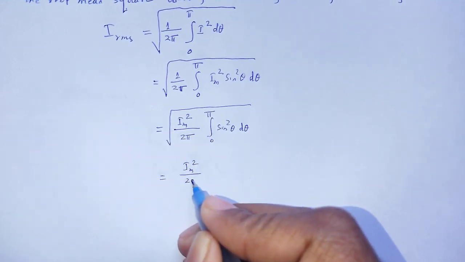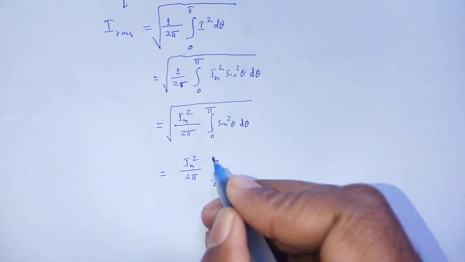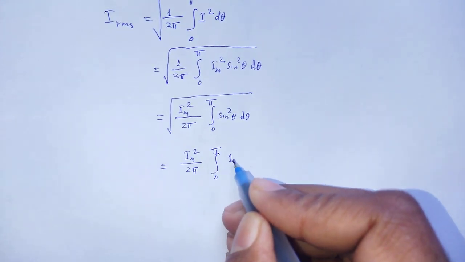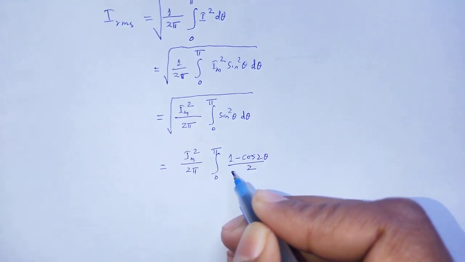It is the square root of I m square divided by 2 pi, integration over 0 to pi of sin square theta, written in terms of 2 theta as 1 minus cos 2 theta divided by 2.